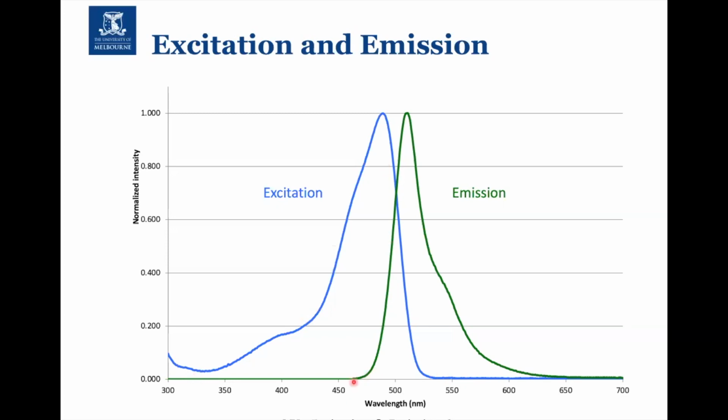But you'll see when it comes to the emission spectra, so the wavelengths of the light that's being released, that's shifted to the right, and that's because of that energy loss. So this is actually what we call our Stokes shift here. So this is coming from the energy loss during the transitions. Again, photons can be released anywhere across this spectrum.